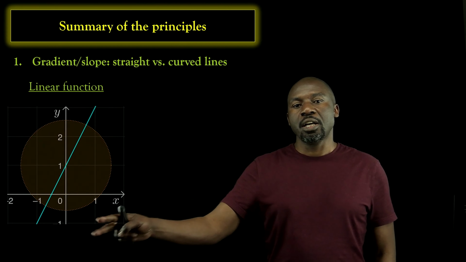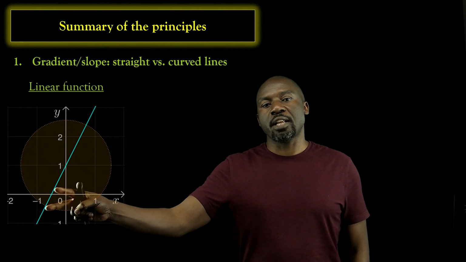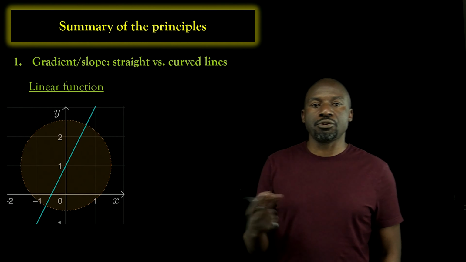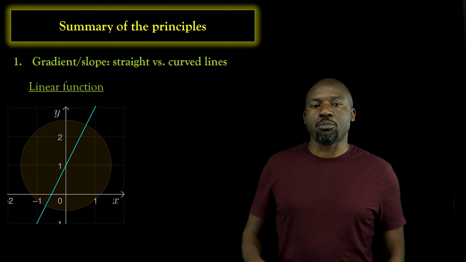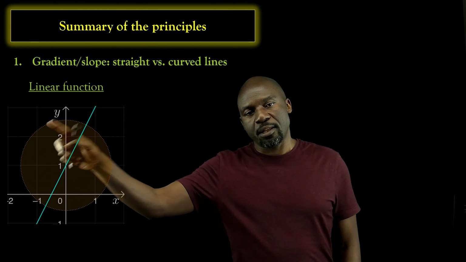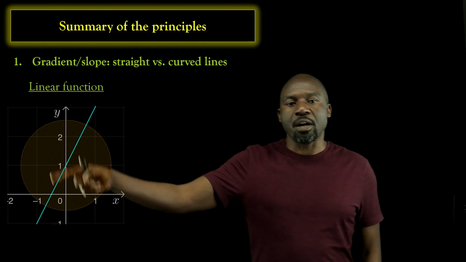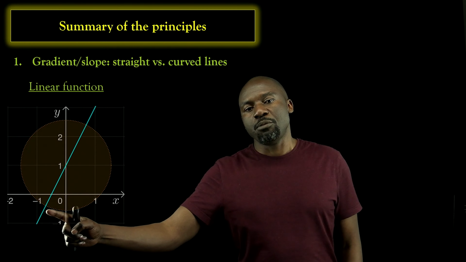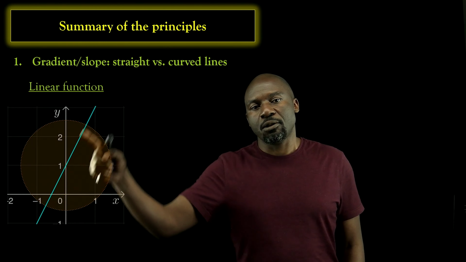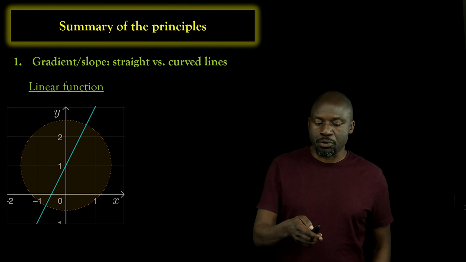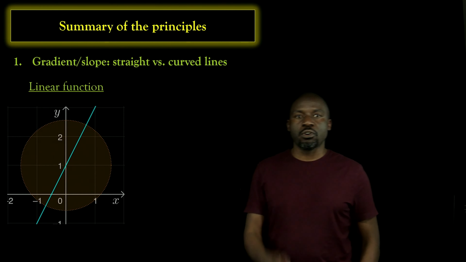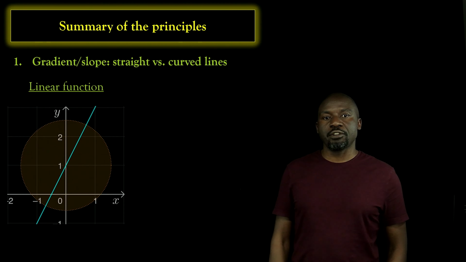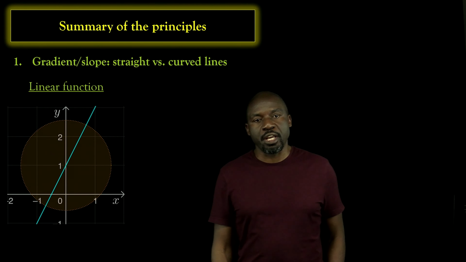It doesn't matter. You pick any 2 points on this line and try to look for the gradient, you should get the same value, right? Those 2 points could be within this circular region, which will be our point, or it could be between the ends of that circular region. Whatever you do, the gradient is going to be the same. So a linear function or a straight line graph will always have the same gradient.